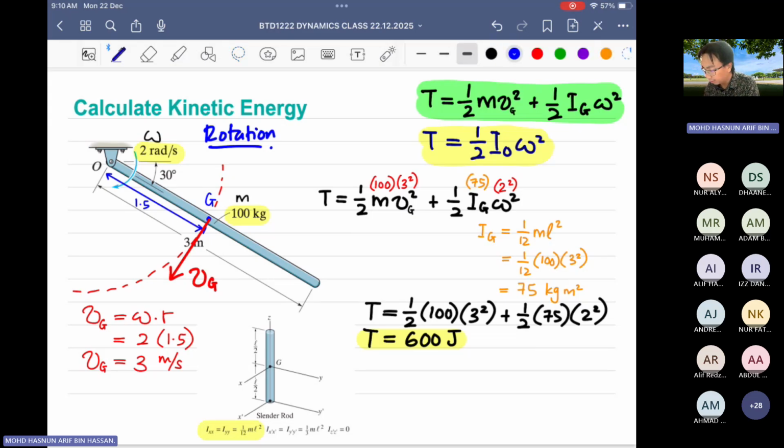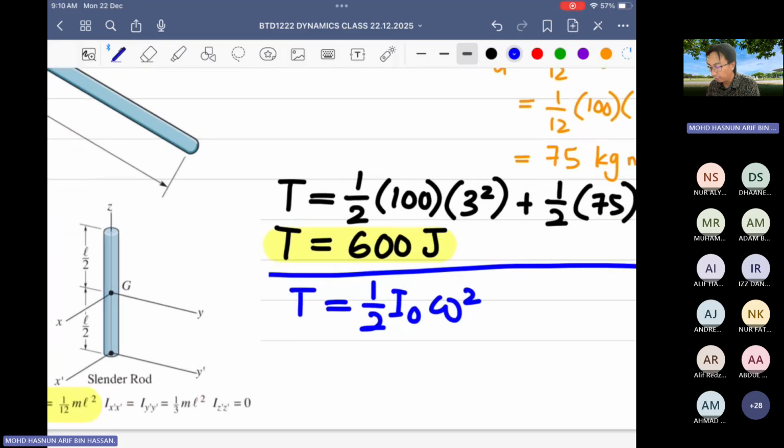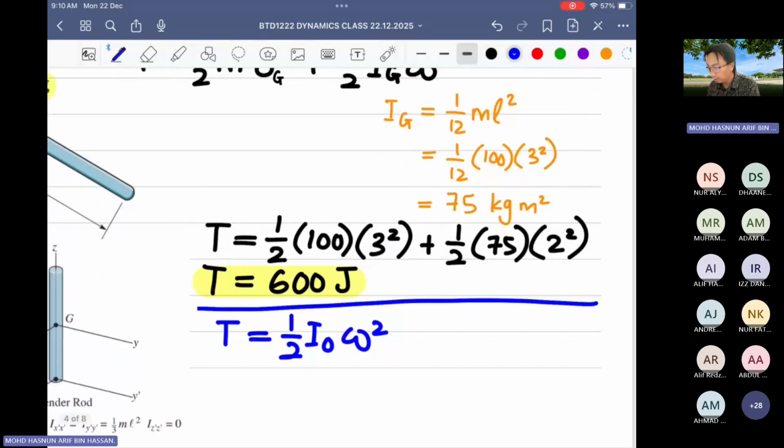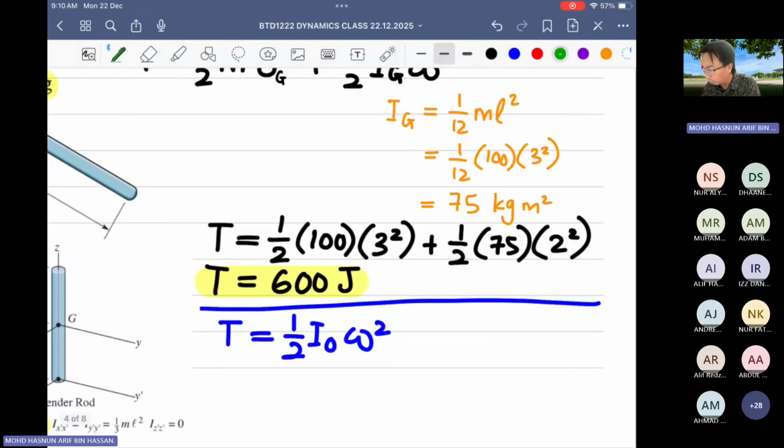Let's use another color. Okay, so now let's try to calculate T is equal to 1 over 2 IO omega square. What we don't have here is IO, so we need to find the value of IO first. You have two options.